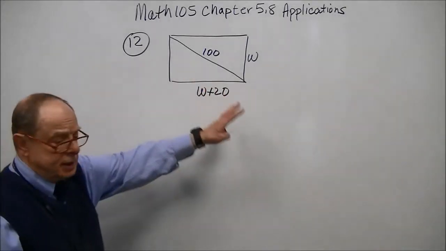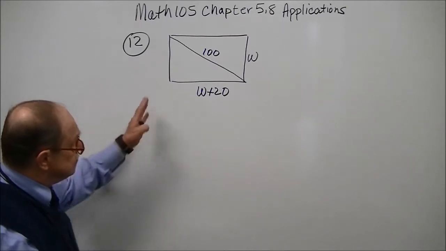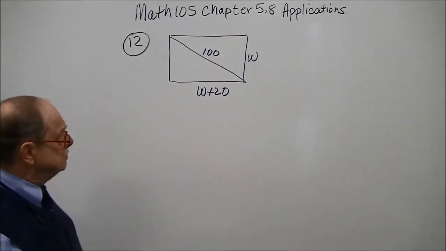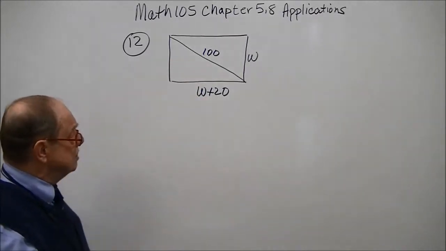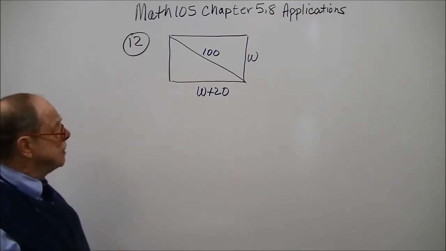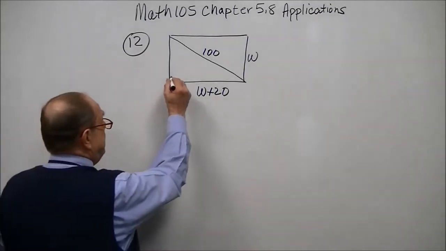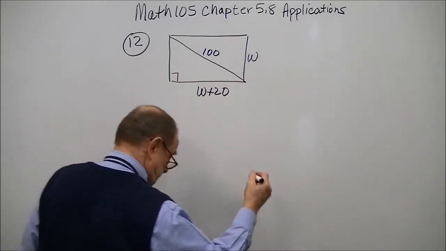Now I could have put it all up here, but let's think about it for a moment. Well, we understand the problem. We've made a diagram. What are we going to use to solve it? Well, anytime you have a right triangle, you're going to use the Pythagorean theorem.